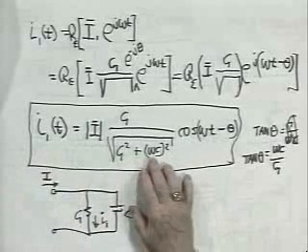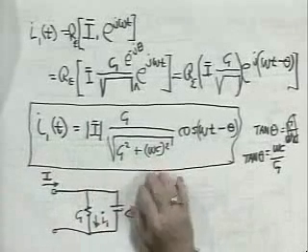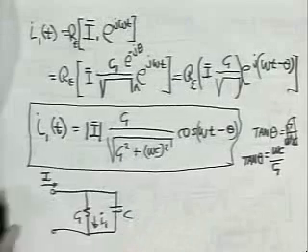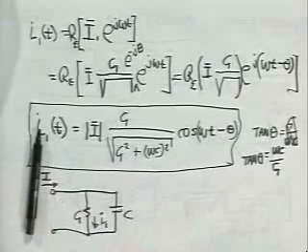What about the asymptotes? Suppose I let omega get very, very small. Now the page that I had these relationships on is dropped on the floor. Hold on just a moment.